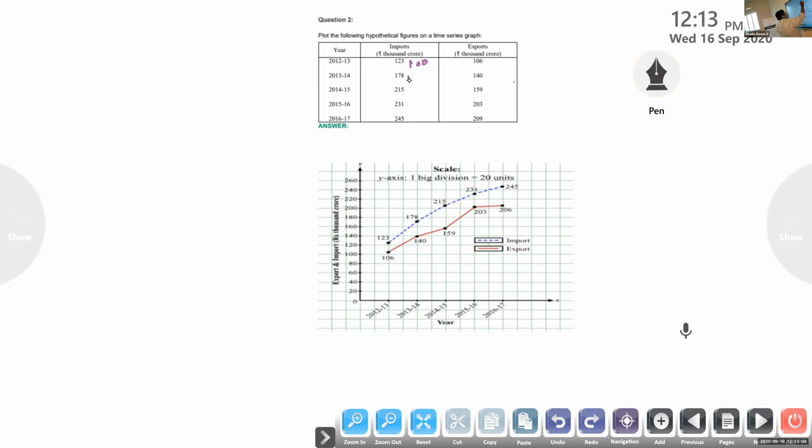New data are here. Imports: 100, 125, 250, 300, 350. Exports: 100, 130, 175, 200, 225, 240.